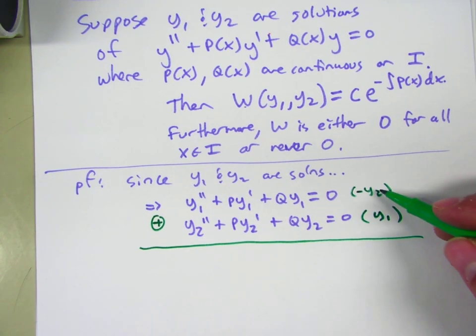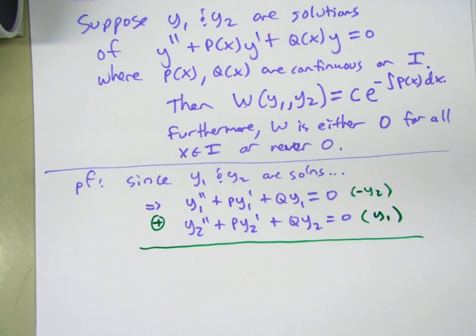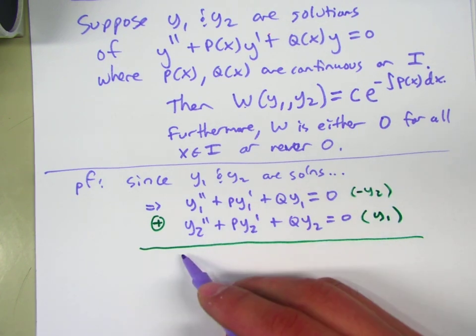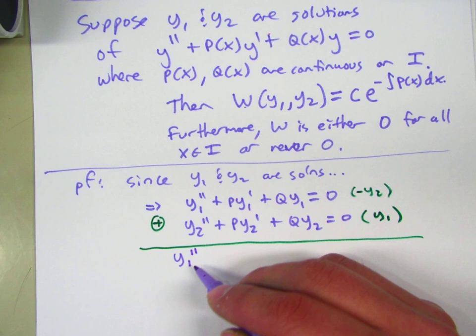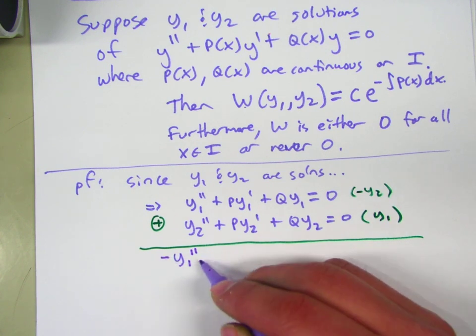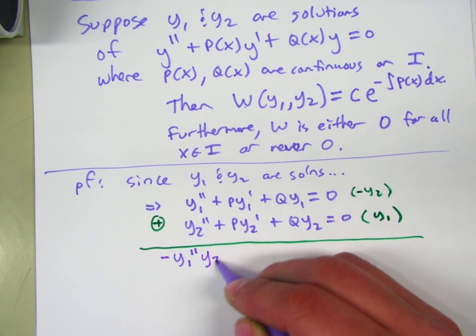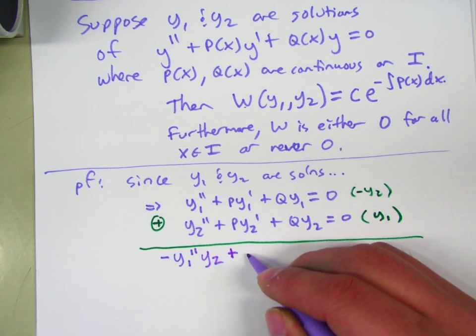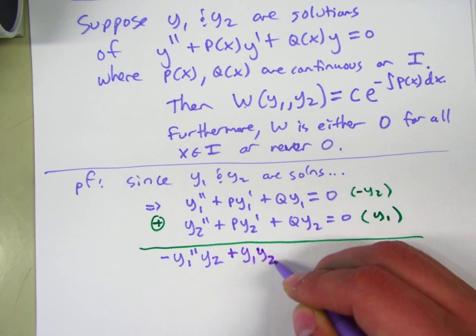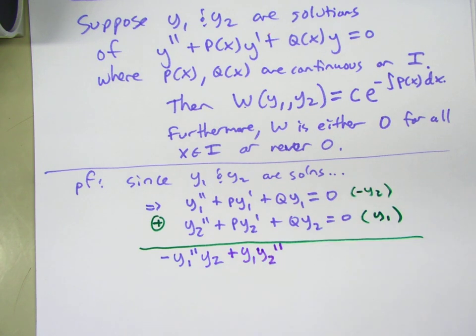So if I multiply by negative y2 and by y1 and add everything up, we're going to get negative y1 double prime times y2, and then plus y1 y2 double prime.